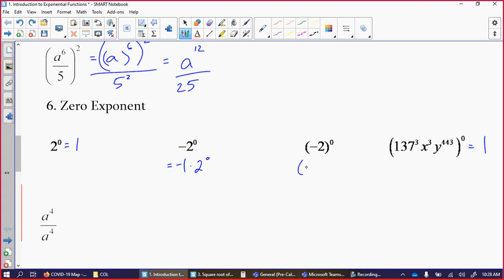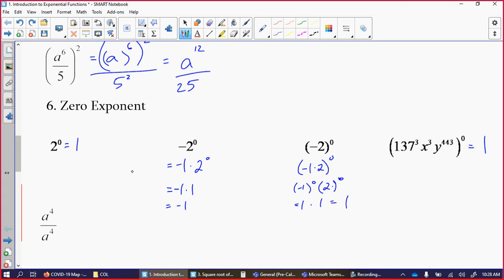Because that bracket is there, well, 2 to the 0 is 1. So this is -1 times 1 is -1. This is -1 to the 0 times 2 to the 0. Well, that to the 0 is 1 times 1.